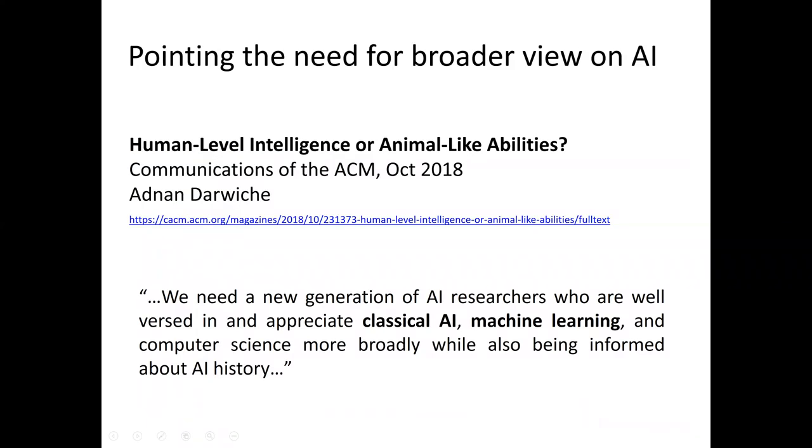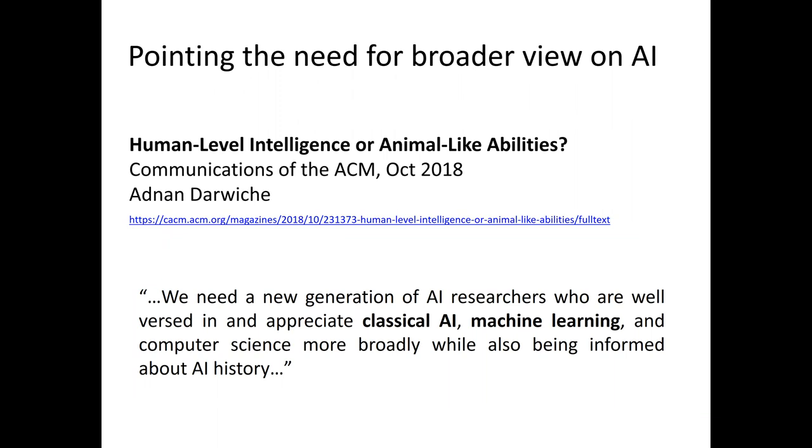Before we get into the whys and hows of generating adversarial examples, I wanted to mention this article that appeared a couple of years ago in the Communications of the ACM, called Human Level Intelligence or Animal-like Abilities by Adnan Darwish. One of the interesting quotes says, we need a new generation of AI researchers who are well-versed in and appreciate classical AI, machine learning, and computer science more broadly, while also being informed about AI history.